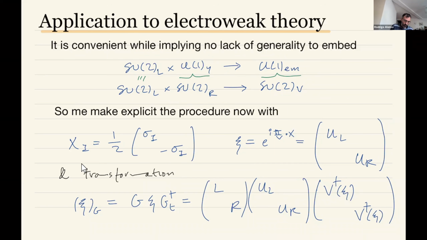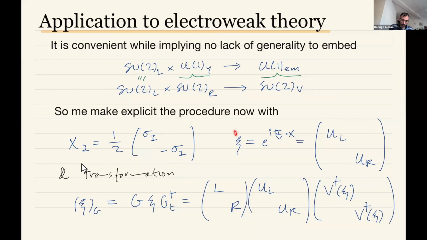If we do that, our broken generators are in the axial direction, and we can write that in 2 times 2 blocks as a half of the Pauli matrices and minus the Pauli matrices. So all in all, this is a 4 times 4 matrix that we can break down into those two blocks. Those are the broken generators.